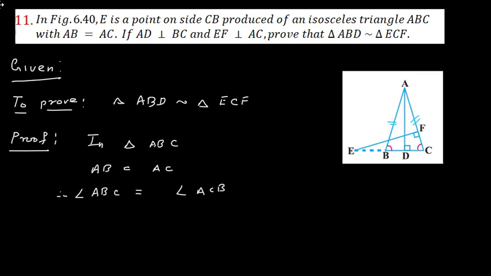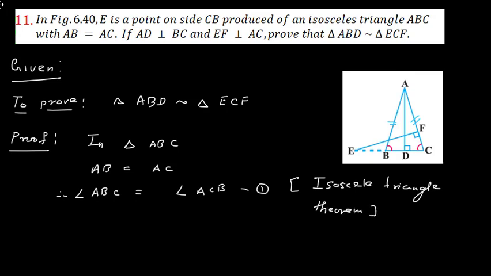Okay, this I will consider equation 1 because I have to use it, and I will call this isosceles triangle theorem, or you can also say that angles opposite to equal sides are equal. Isosceles triangle theorem.